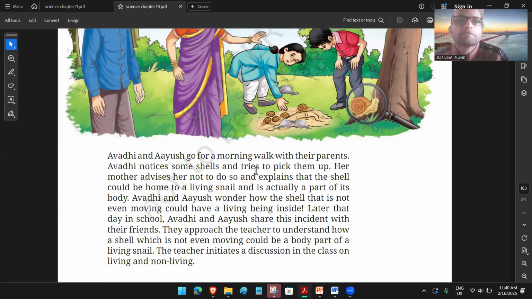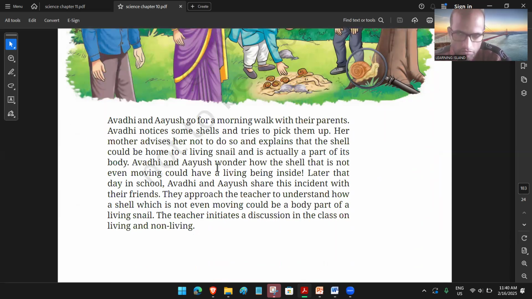So this chapter has lots of story. In this chapter, lots of in-text questions are there, so you will have to go through lots of fill-in-the-blanks. While explaining, I will ask you to mark some places from where the questions may come.